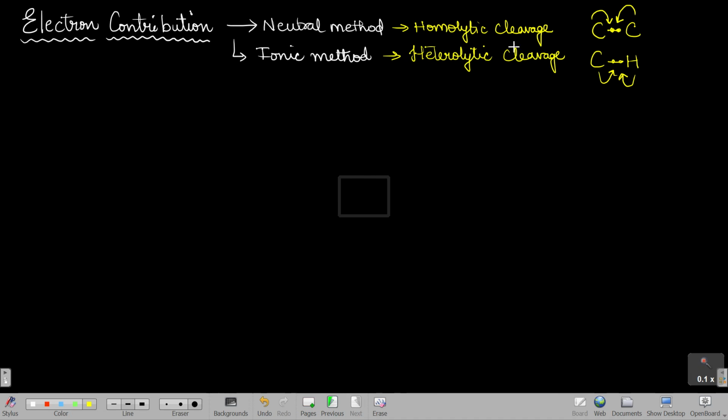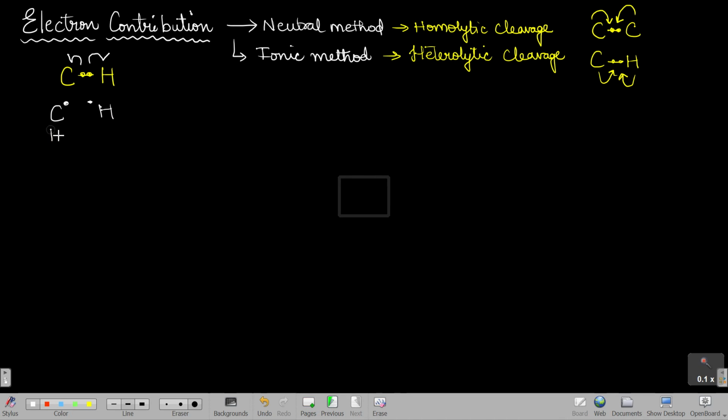Say for example, you have a carbon-hydrogen bond. There are two atoms and two electrons. If I have to do a homolytic cleavage, as you would have done in free radical formation by placing fish hook arrows, each atom gets one radical. So this carbon is going to have one electron, this hydrogen is going to have one electron.